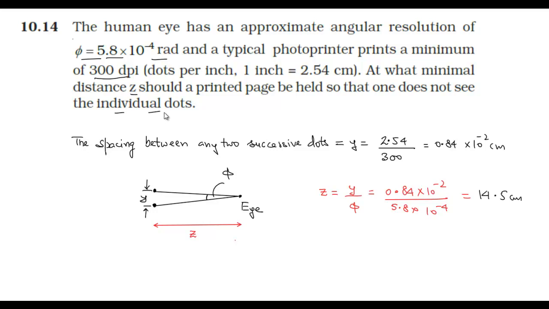Clear? So basically you have to first understand the question. You might have seen the printed flexes or have a close look at the printed pages from a photo printer. You will see that the given image is comprised of very fine dots.